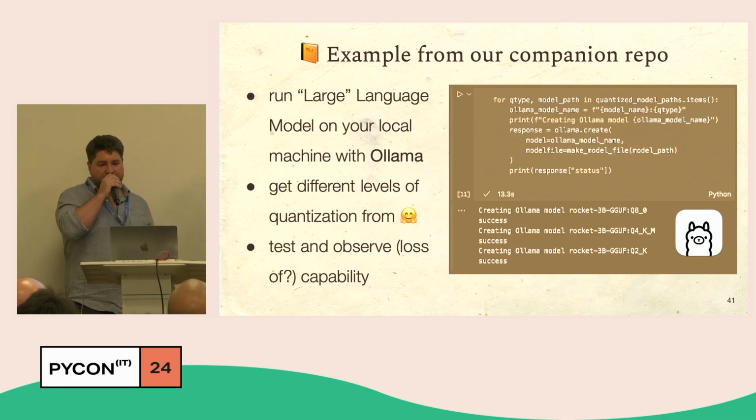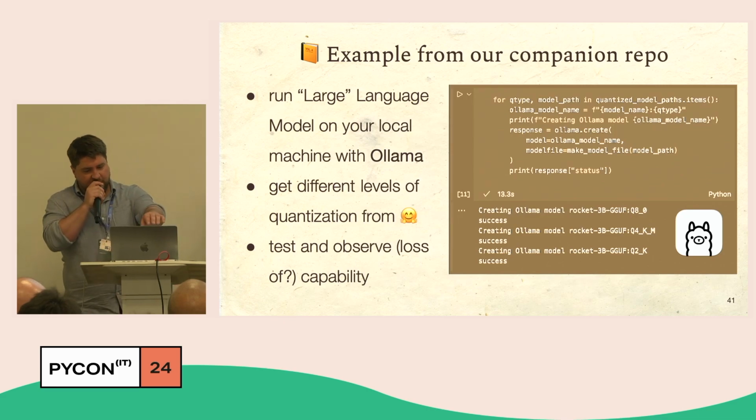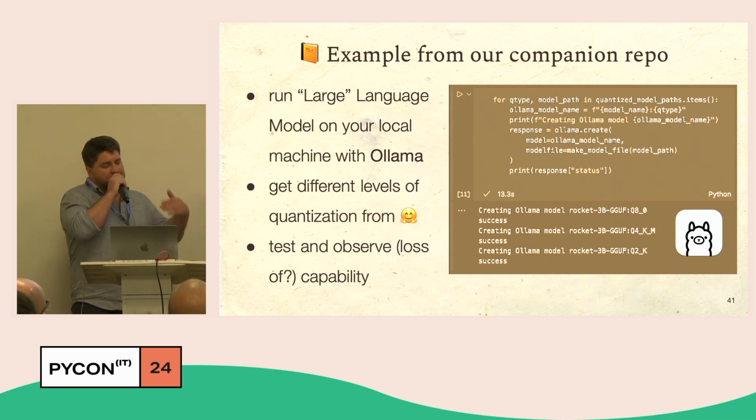In our companion repo, you are going to find a notebook that shows you, first of all, how to run a quote-unquote large language model on your local machine. A laptop like this one should be enough, with a great tool called Ollama. And we also show you how to get different levels of quantization for a particular model, host all of them with Ollama. It's an easy workflow to integrate it into Ollama.